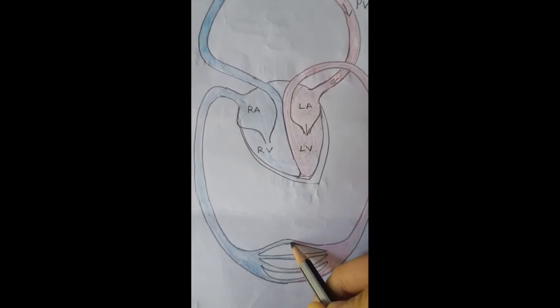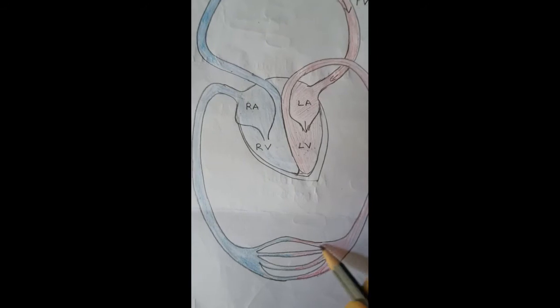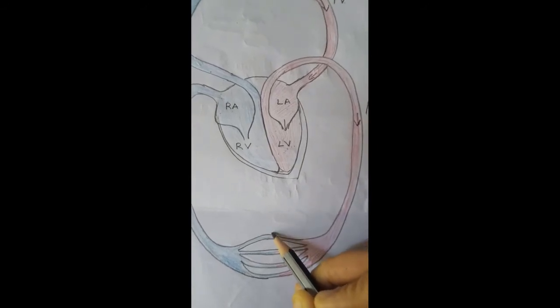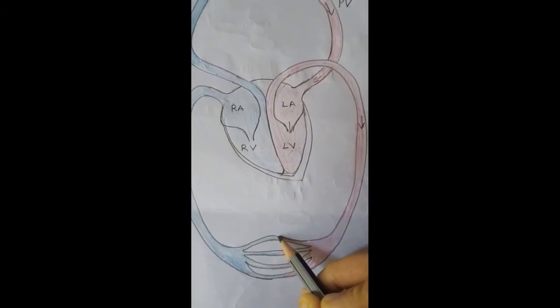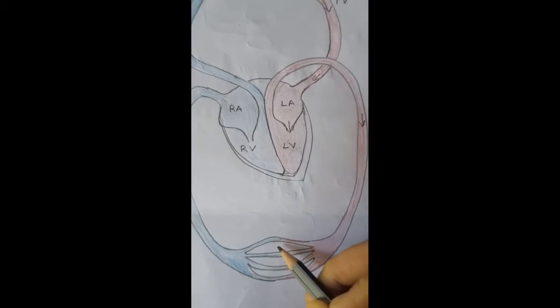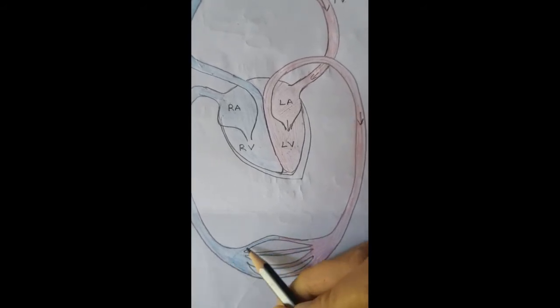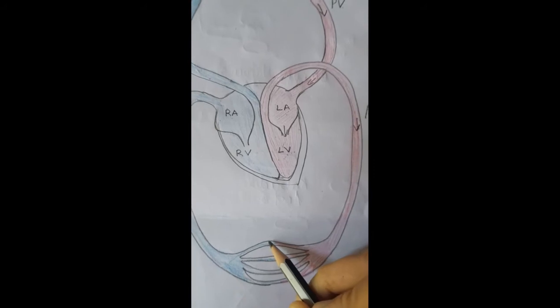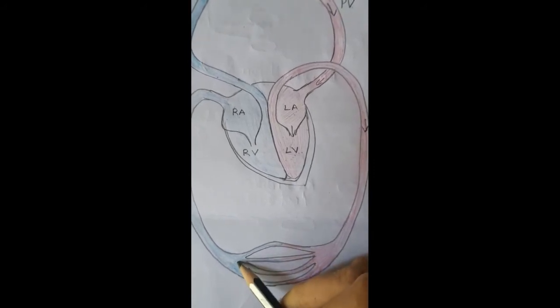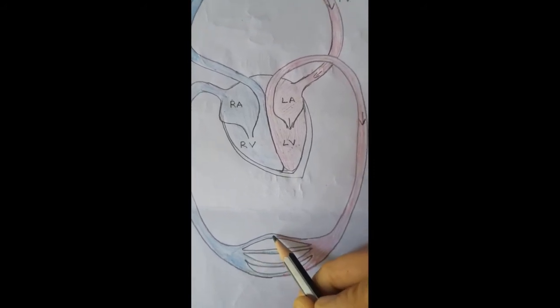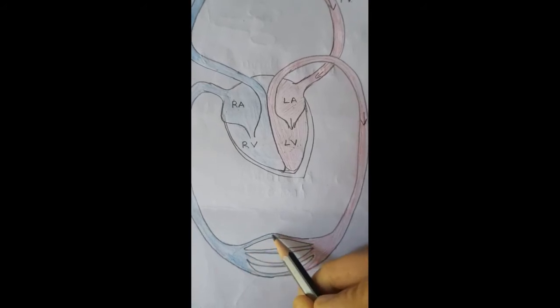During respiration oxygen is supplied by the artery. Artery will supply oxygen to the cell. As a result there will be carbon dioxide from the cell. So carbon dioxide is released from the cell. That's why here I have given blue color.